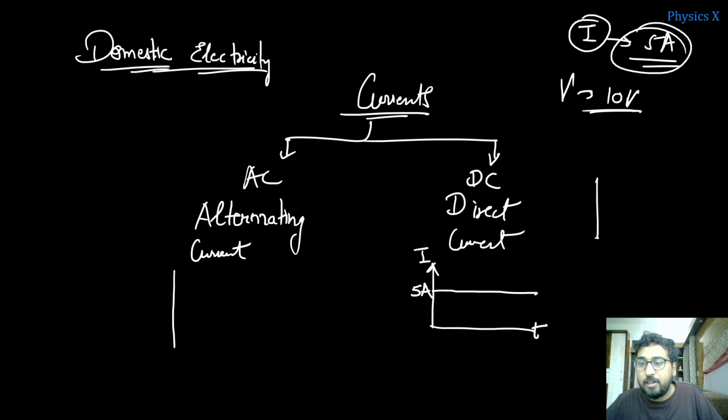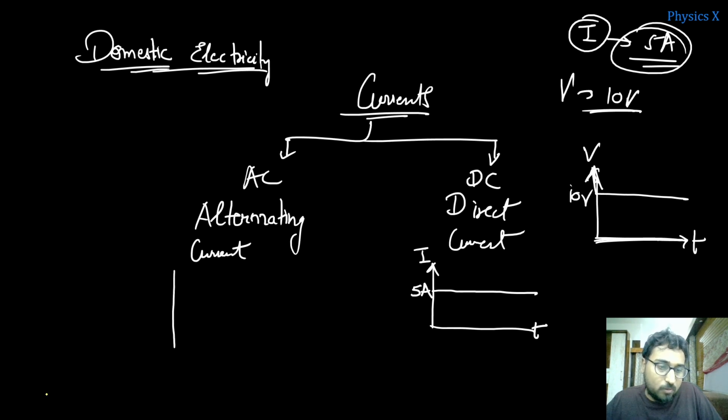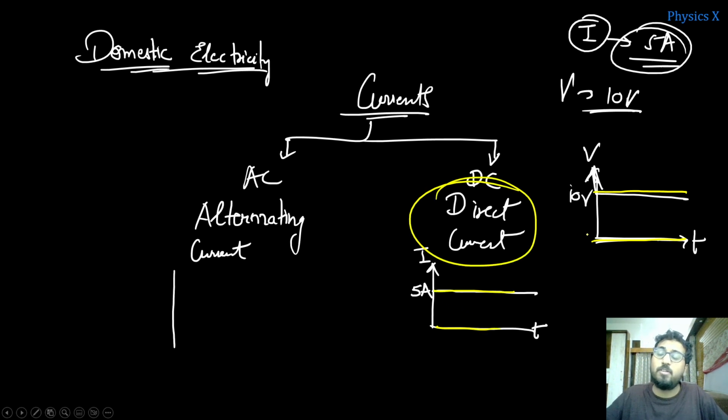If it is a direct current, the source is also 10 volts at every position of time, and the current is 5 amperes at every position of time. This is direct current. It doesn't change with change in time.